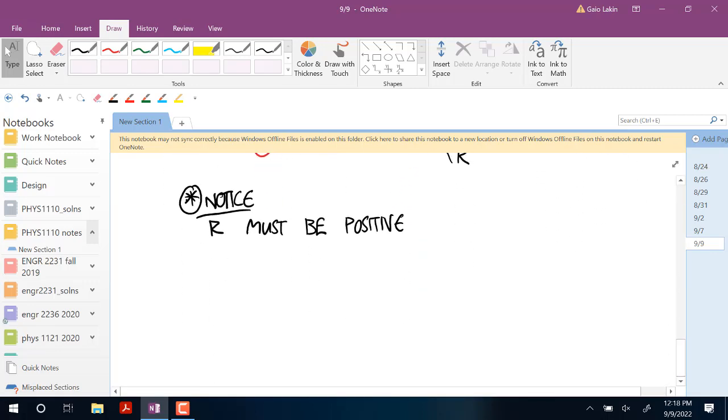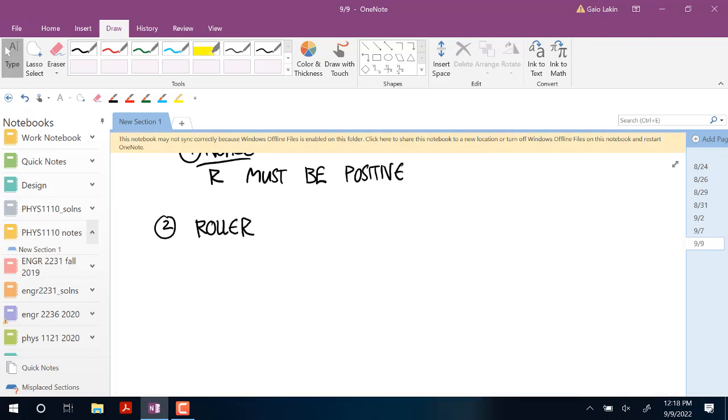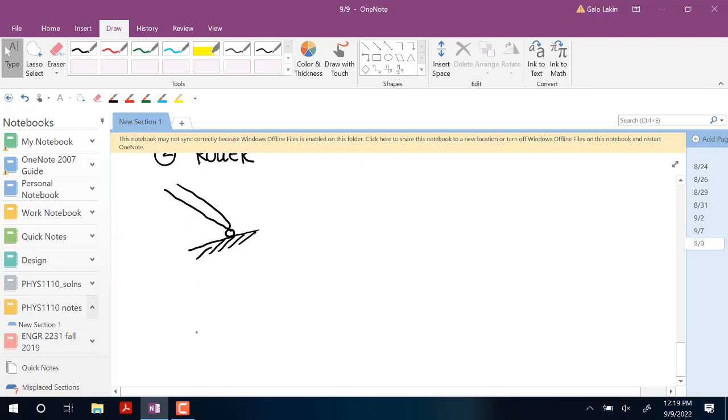The second joint in this category 1 that introduces one variable is a roller. This can be drawn two ways. Sometimes you'll see it drawn just as a ball between the two objects, and sometimes you'll see it drawn as a roller skate.